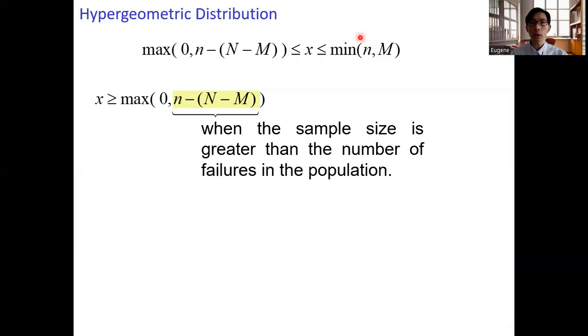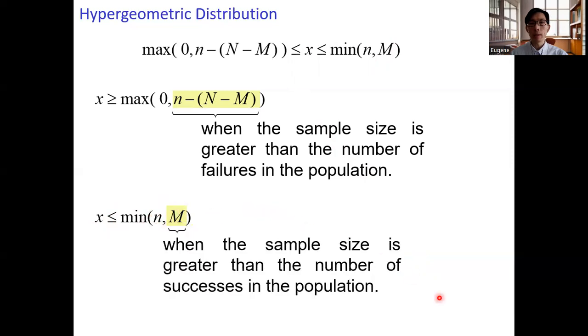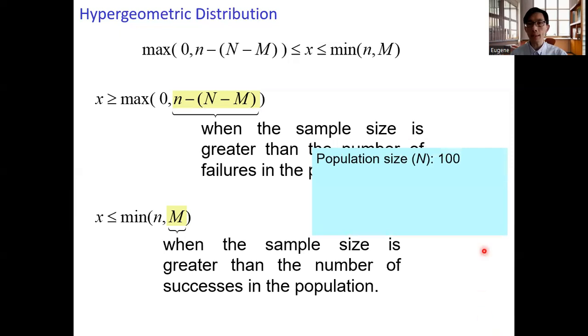And other inequalities. Under what condition is X less than or equal to n? Small n is the sample size, so X should be less than or equal to n. How about the condition that X is less than or equal to M? This is when the sample size is greater than the number of successes in the population. For example, the population size is 100. The number of successes in the population is 18.